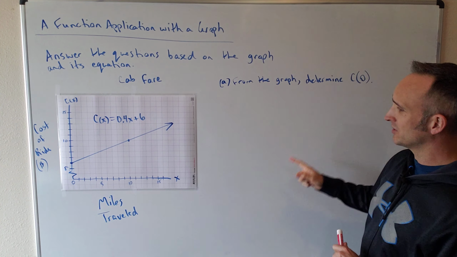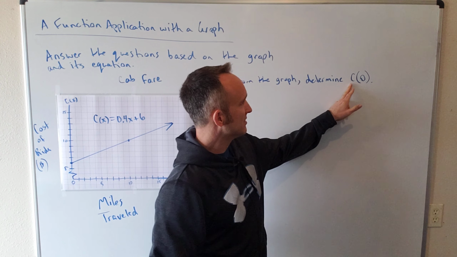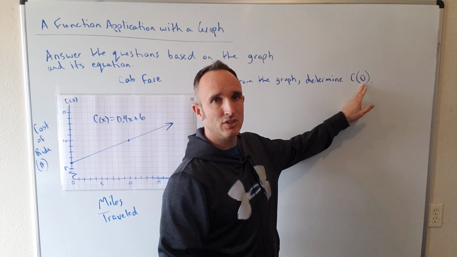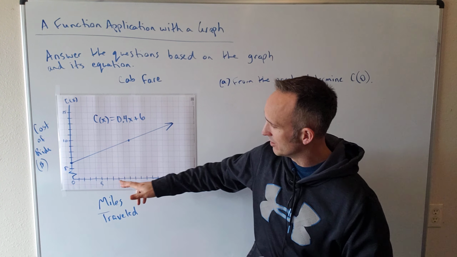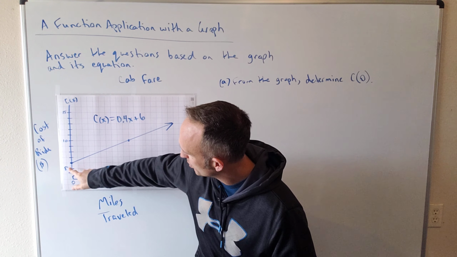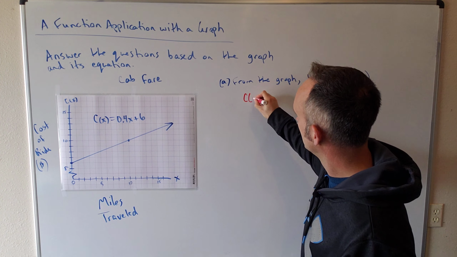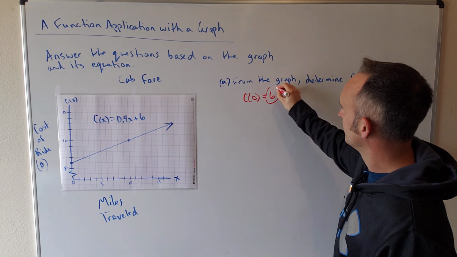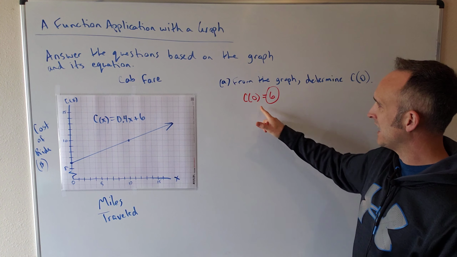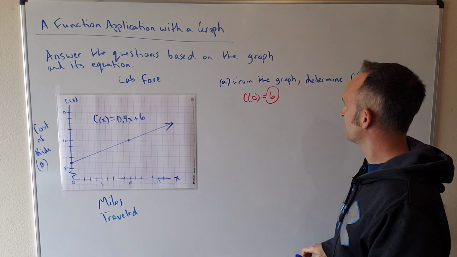So we locate that x value, which is right here at 0. C of 0 means find the output of the cost function, the C function, when x is 0. You can see here, when x is 0, this graph outputs 6. So C of 0 equals 6. Just finding the output of the function when the input is 0.